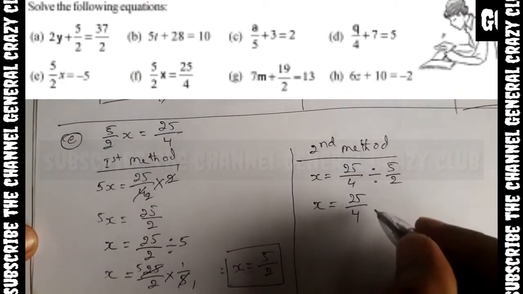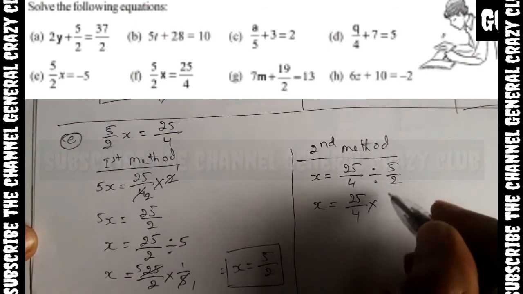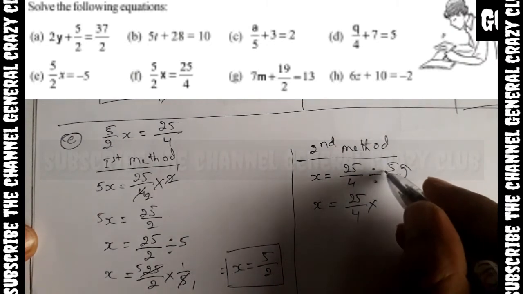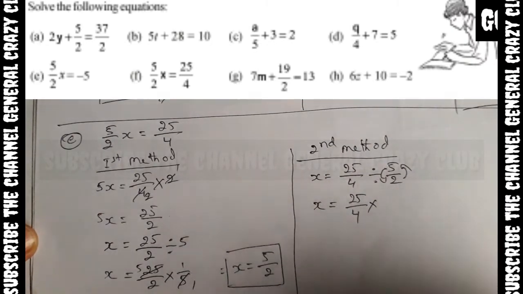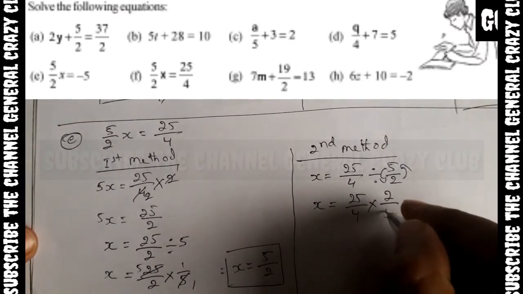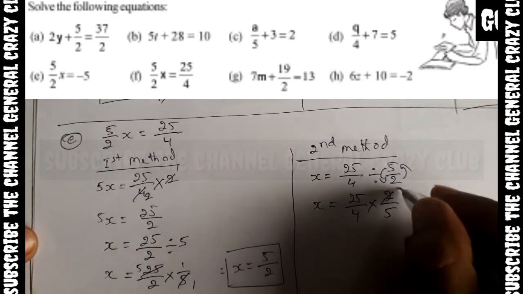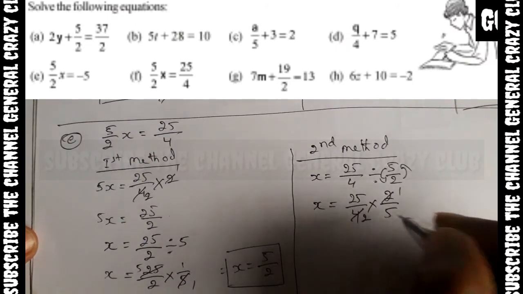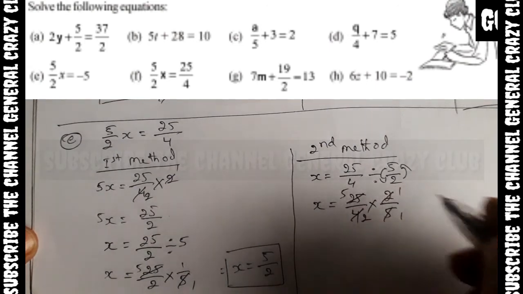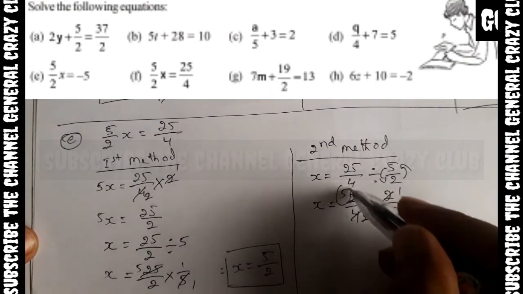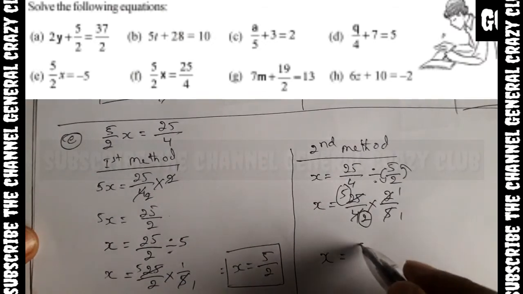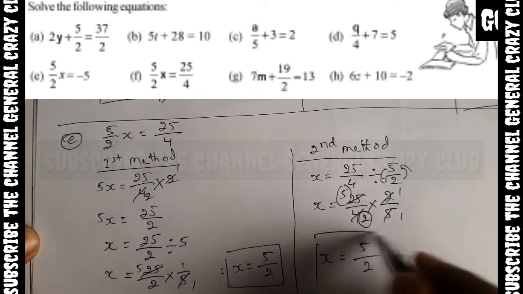It is inverse. When multiplication, inverse up and down. That means denominator and numerator. 2 by 5. 2 twos are 4, 5 fives are 25. What remains here? 5 and 2. That means x is equal to 5 by 2. Answer.